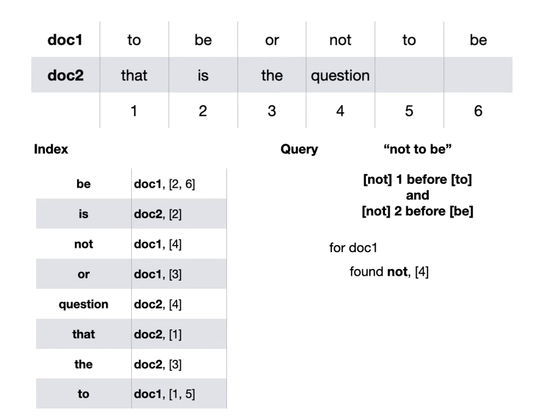Okay, good. Where's "to"? Is "to" in document 1? Yes, it is. Those are in positions 1 and 5. And then B, those are in positions 2 and 6.